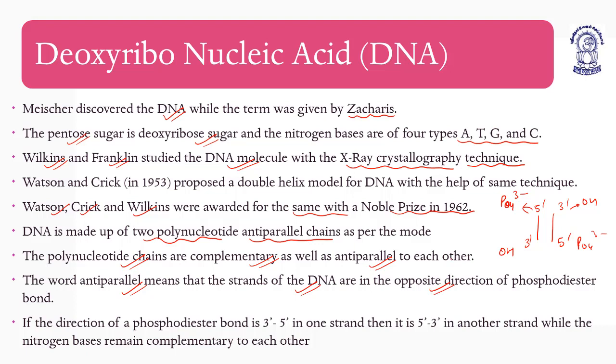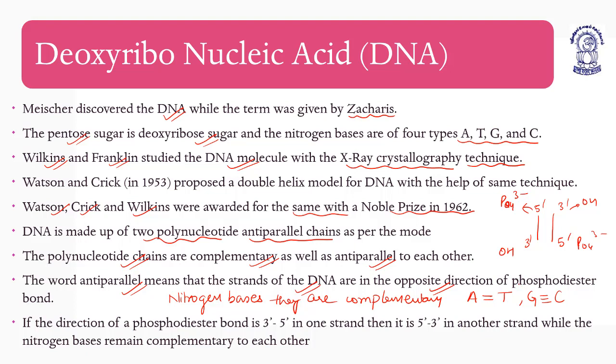The word anti-parallel means the strands of DNA are opposite in direction of the phosphodiester bond. The nitrogen bases are complementary. A combines with T with a double hydrogen bond and G combines with C with a triple hydrogen bond. So if one strand has A, T will be on the second strand.